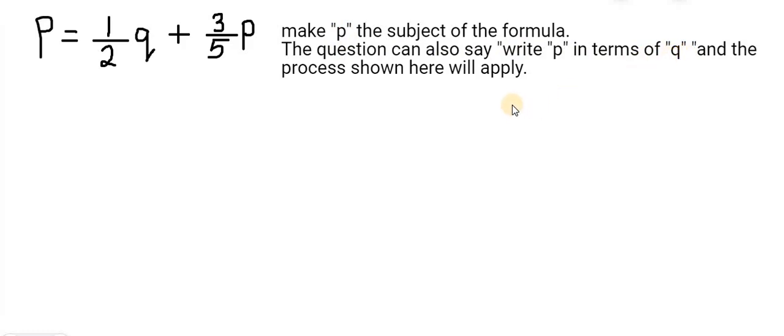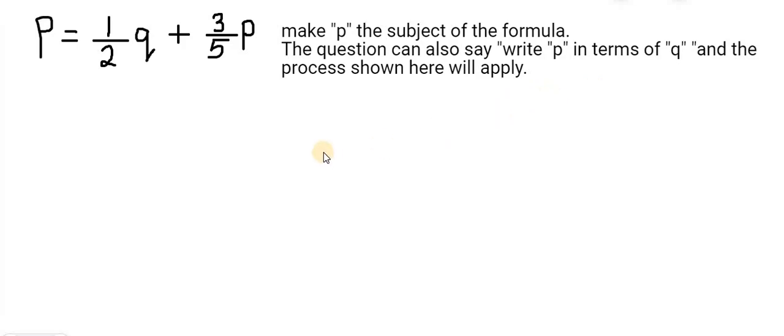It's another way of saying make p the subject of the formula. It simply means get p on one side on its own and q on the other side, or everything else on the other side.